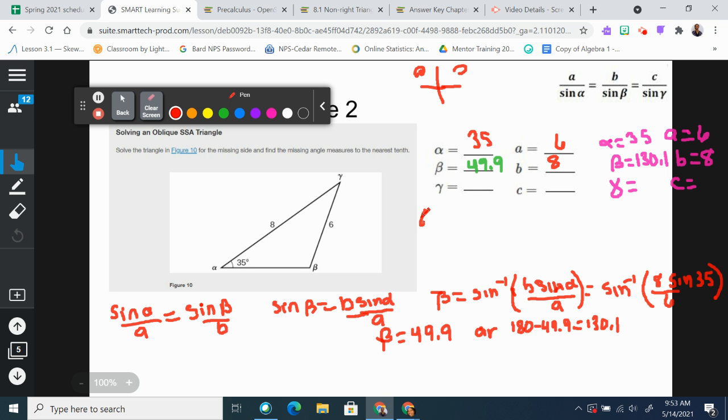We're going to use our favorite little rule. Gamma is 180 minus 35 minus 49.9. And that's going to give us, let me see, 180.